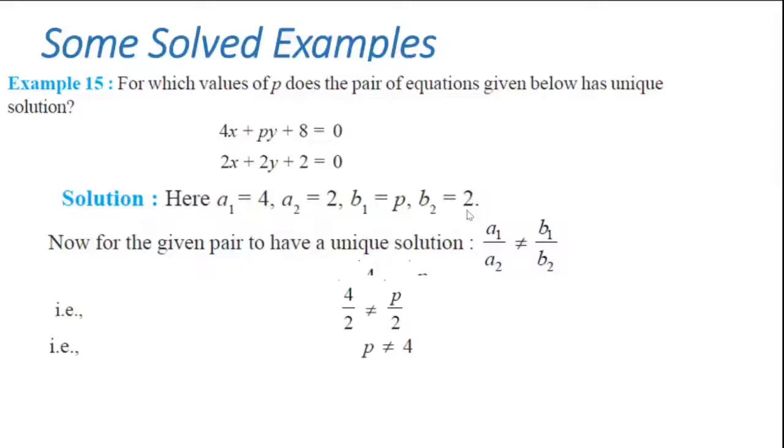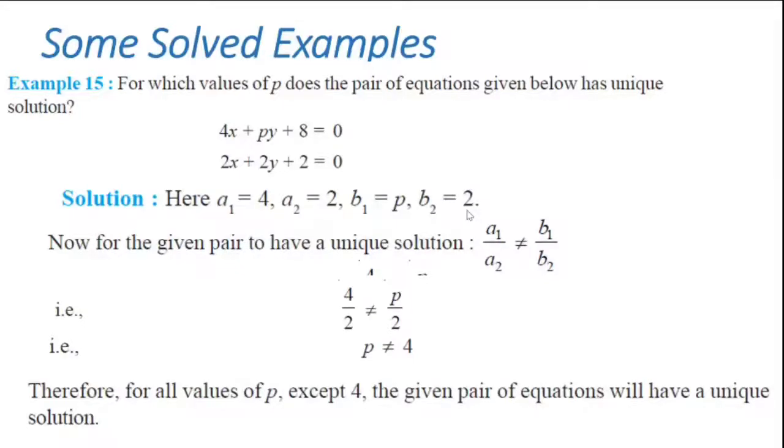Thus, we can have any real value of p except 4, and that will give the pair of equations a unique solution. So this kind of question, again, as I told you, because we have two 1 markers expected as per the sample paper given to us, this kind of question can come in the exam.